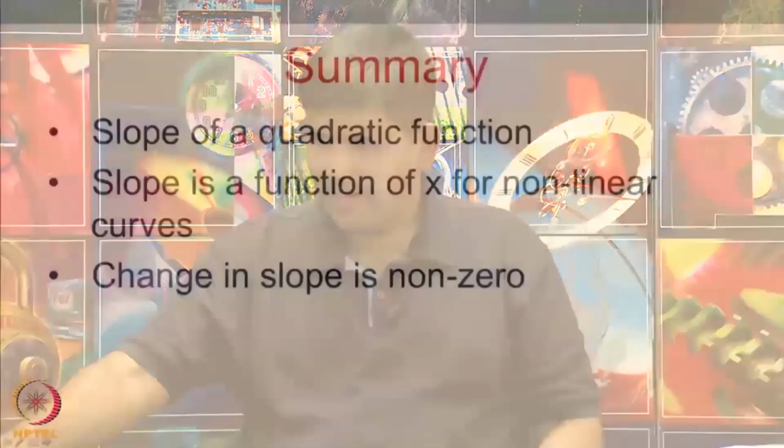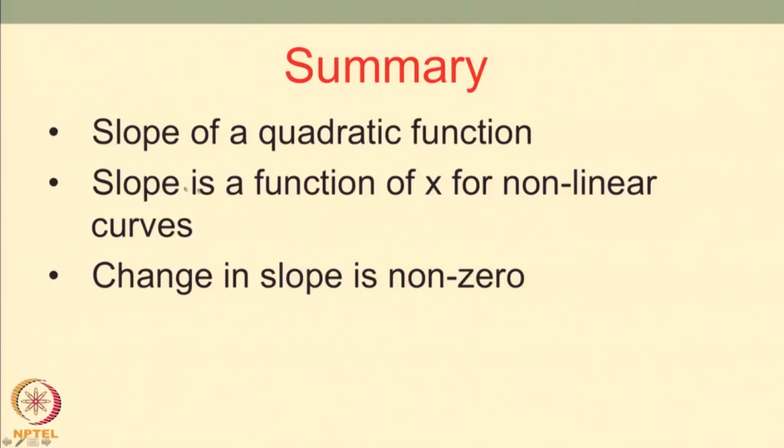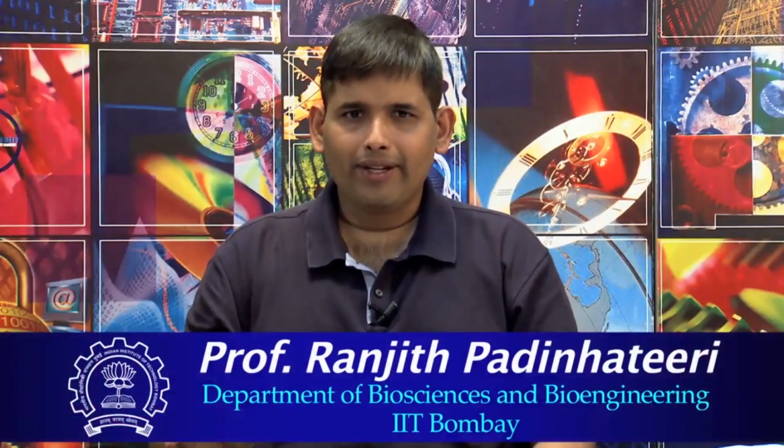To summarize, we learned how to find the slope of a quadratic function. We learned that slope is a function of x for nonlinear curves. We also found that the change in slope, dm by dx, is non-zero, and the way to calculate slope is to take the smallest delta x possible and then calculate delta y by delta x.